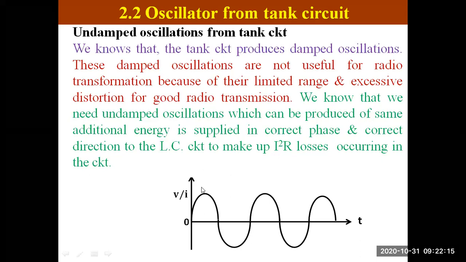That means its amplitude does not decrease, but remains constant. This amplitude is constant, this amplitude is constant. That means this is the undamped oscillation. How can we produce it? By adding some energy in the LC circuit with correct phase and correct direction.